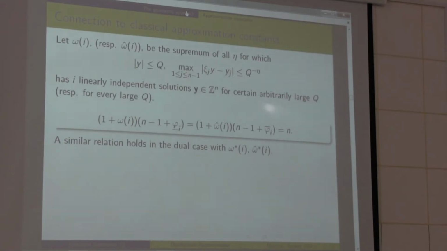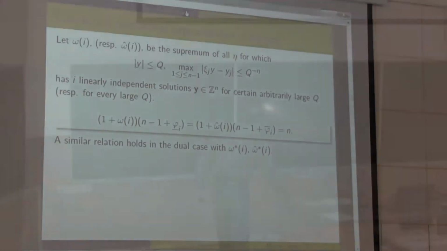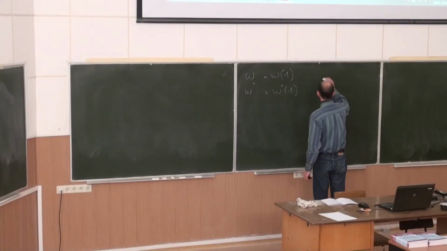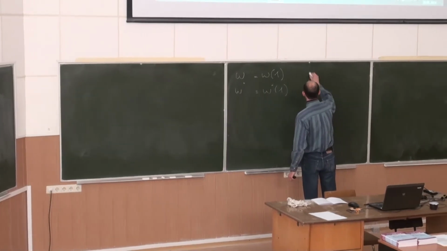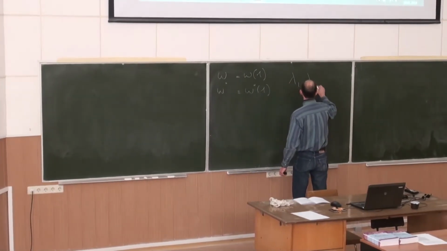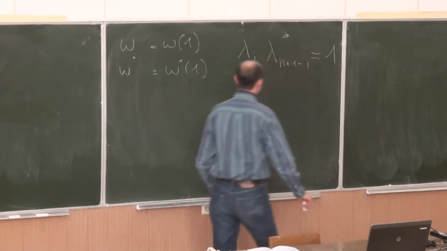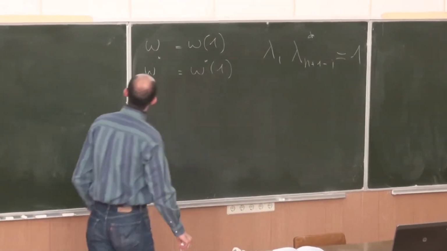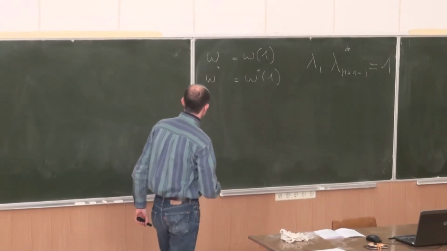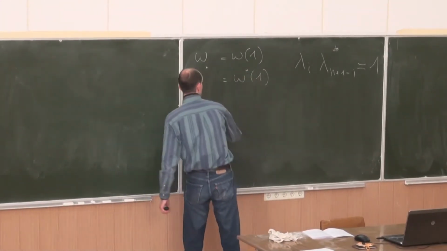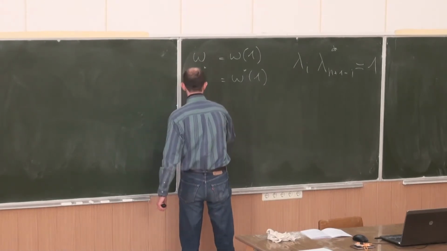You get similar constants, phi sub I star and phi sub I underline star and phi sub I overline star, but you can reduce those to the phi sub I by Mahler's theorem, which tells you that for a lattice you have lambda sub I times lambda sub n plus 1 minus I star is of order 1. And hence you get a relation that is dual to this relation here for the omega star and omega hat star, which I don't have on the transparency, but I can write it down very quickly.